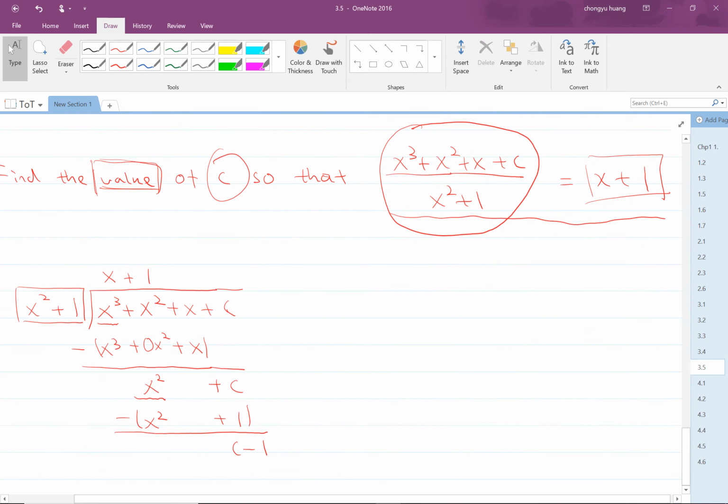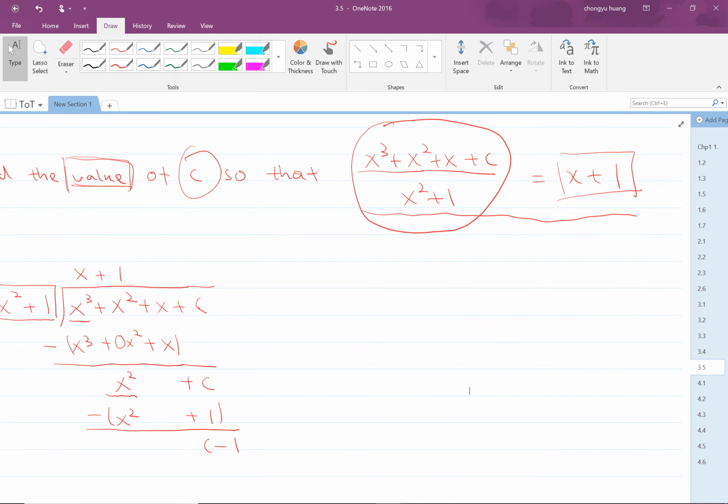So now let's go back to the problem. Now you have already solved the left hand side, so we write it down: x plus 1 plus (c minus 1) over (x squared plus 1) is equal to x plus 1.